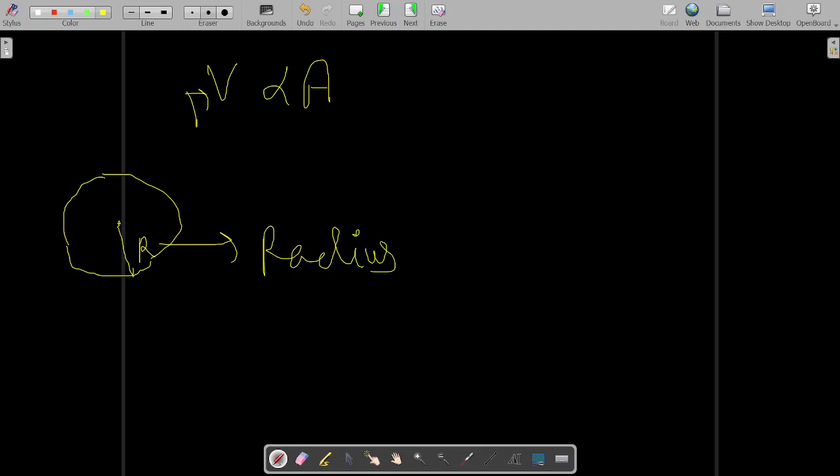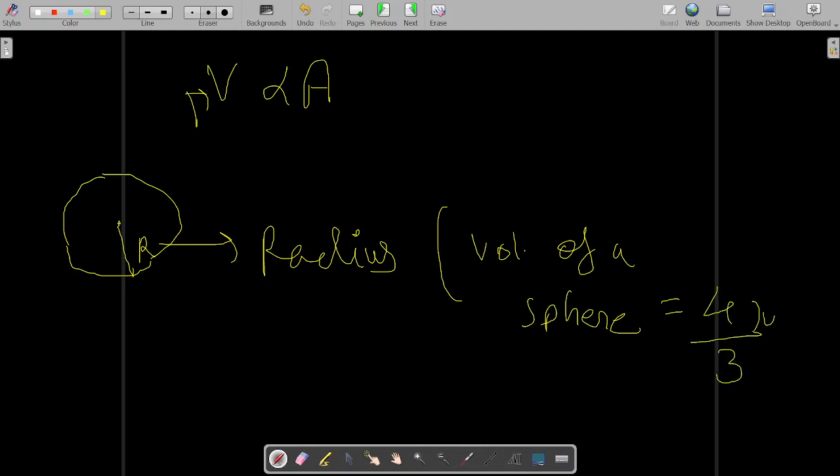In the lower classes you learned that the volume of a sphere is equal to 4 by 3 pi r cube, where the radius of the sphere is capital R. Just put this value, as our nucleus is also spherical.